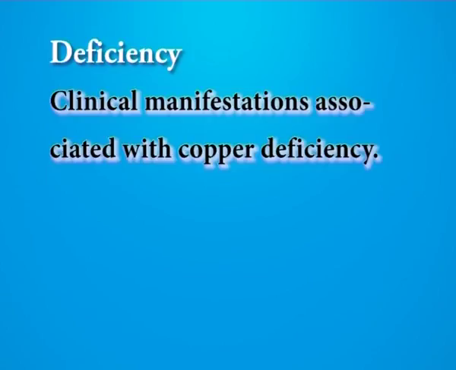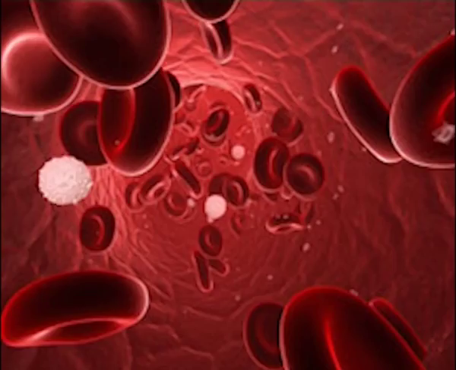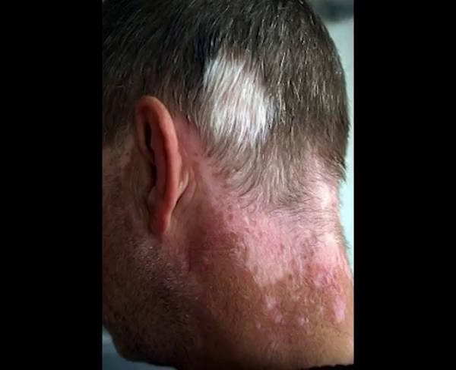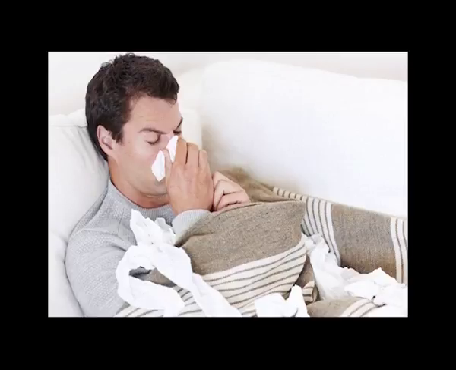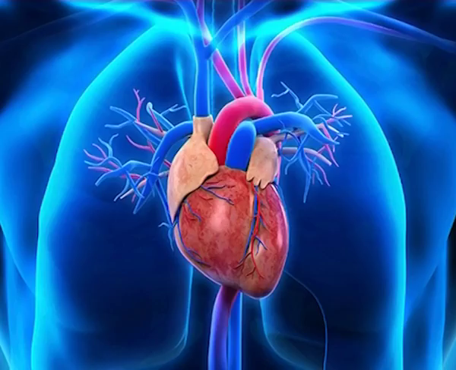Clinical manifestations associated with copper deficiency are hypochromic anemia, leukopenia, hypopigmentation or depigmentation of skin and hair, impaired immune function, bone abnormalities, cardiovascular and pulmonary dysfunction.